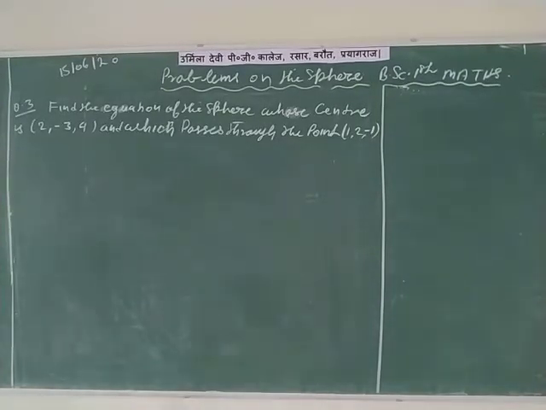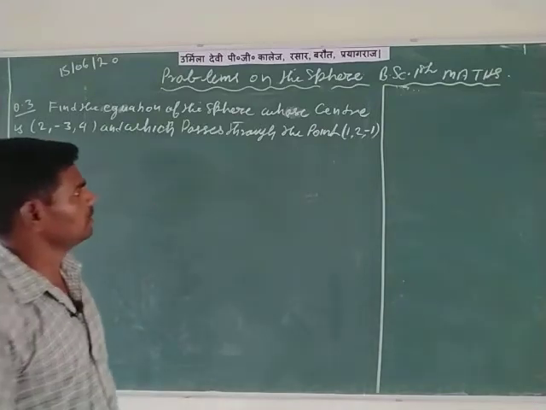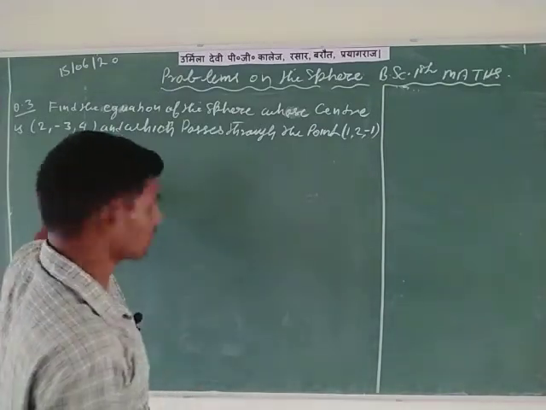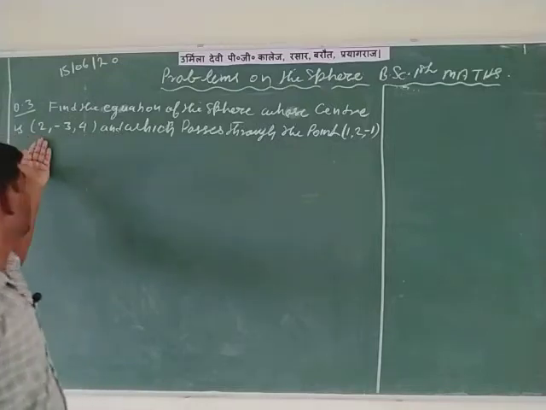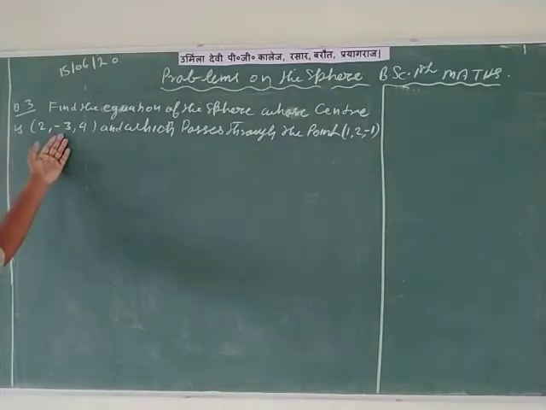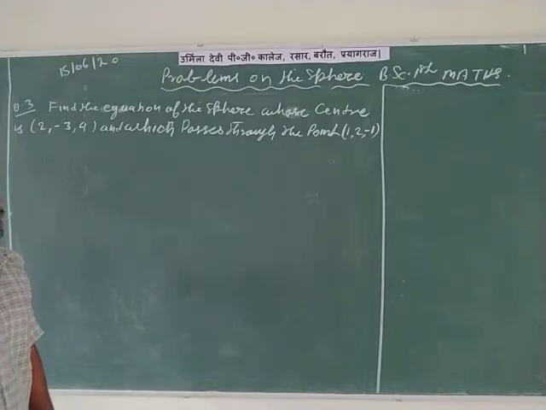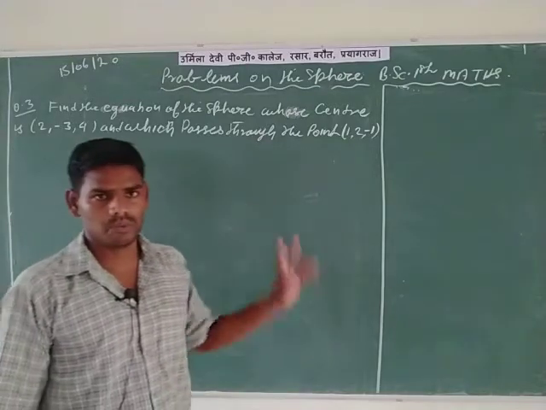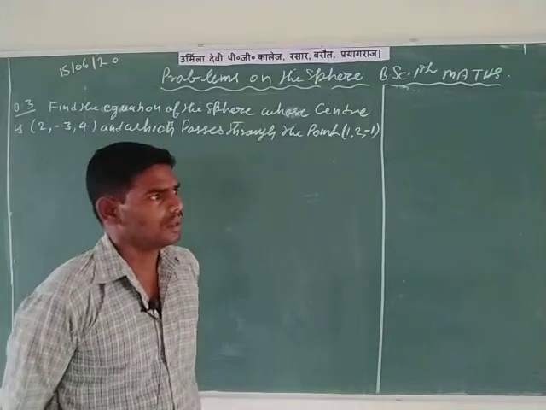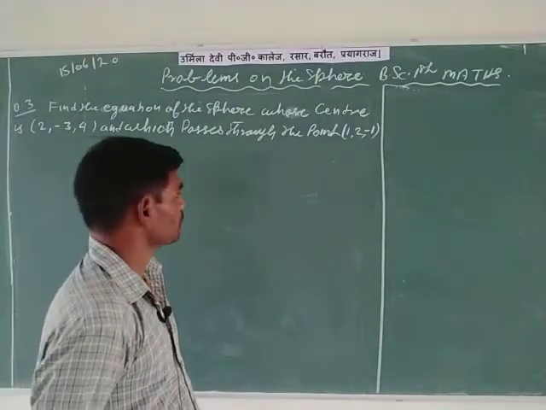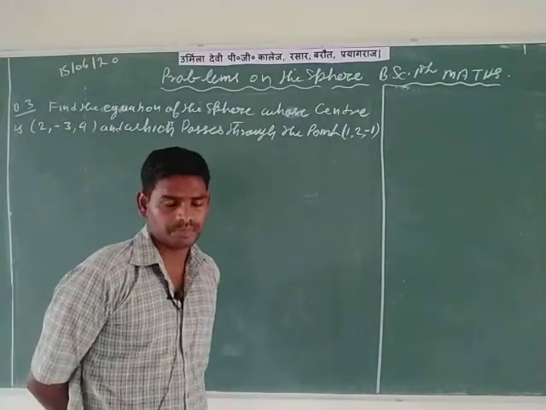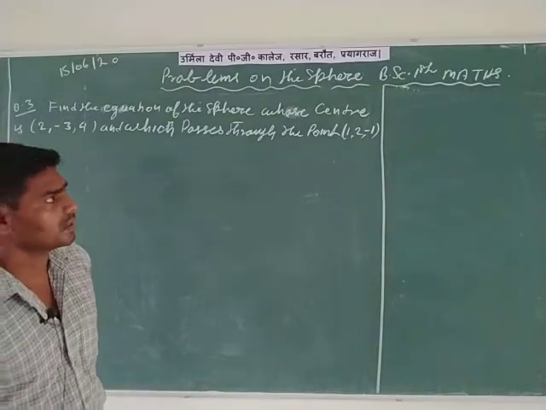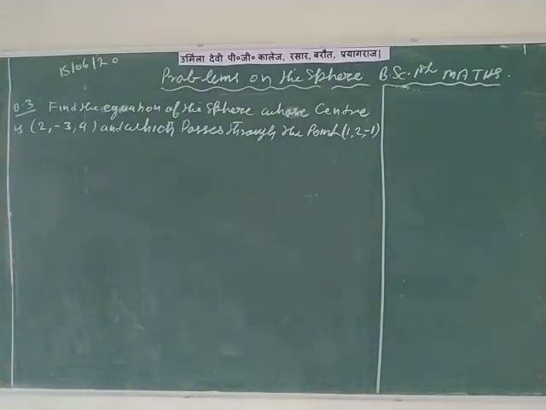In the question third, find the equation of the sphere whose center is given, whose coordinates are 2, -3, 4, and which passes through the point 1, 2, -1. In this question, the required sphere is passing through the point 1, 2, -1 and has center coordinates 2, -3, 4.